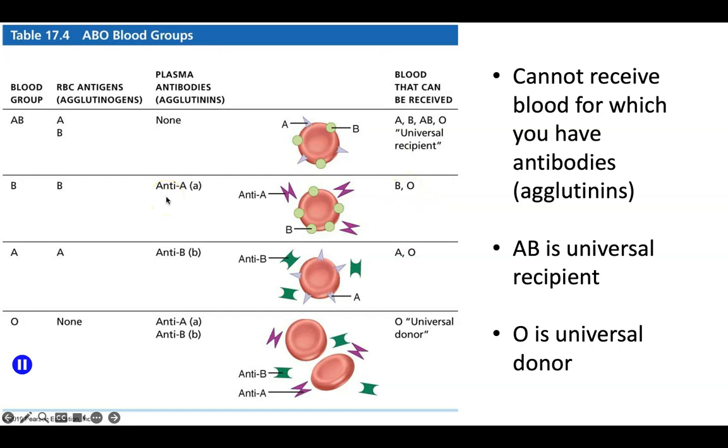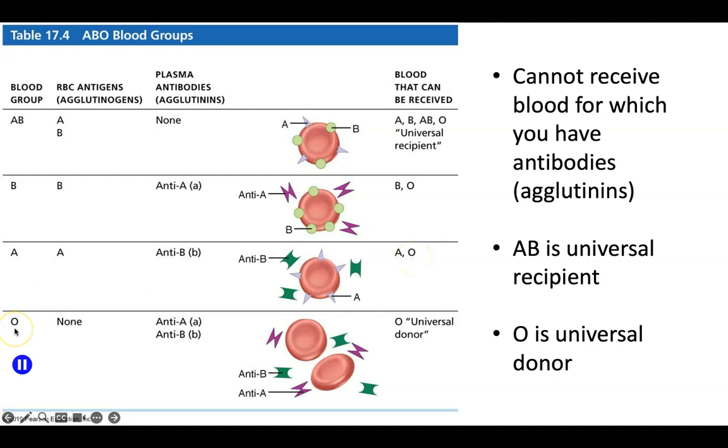But if you have type B blood, that means that you would have a severe reaction if you were transfused with type A blood, because you do have antibodies that will react to the A antigen. The opposite is true for A blood group. You can see that people with type A blood will have antibodies that will react with the B red blood cell antigen. So they can only receive blood from type A or type O individuals.